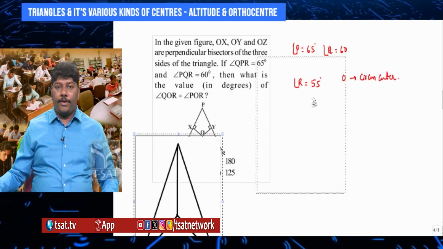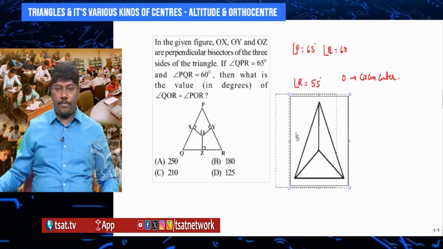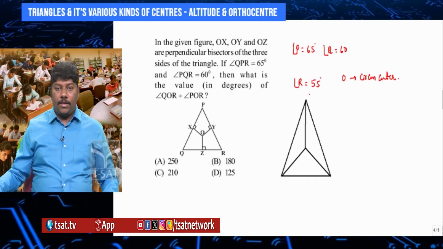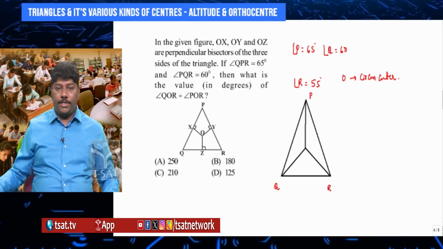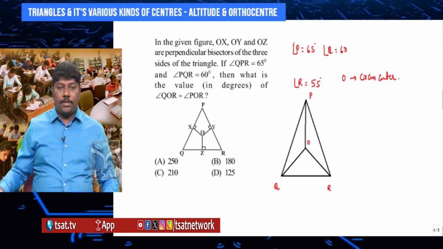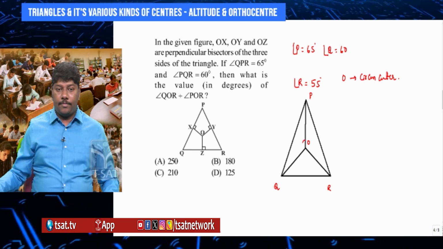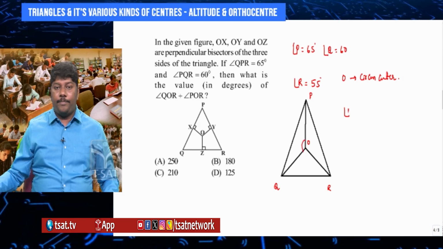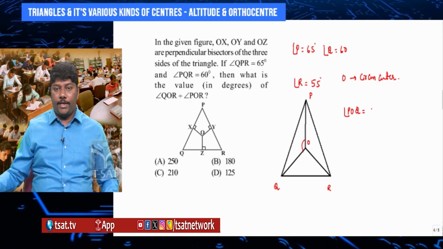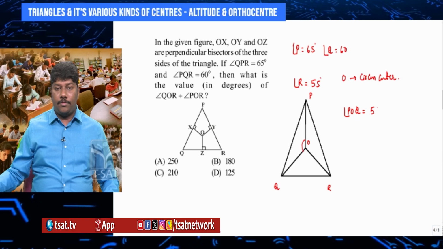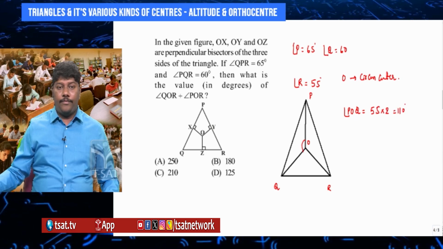I am getting the same figure here, but with different names. Let it be P, Q, R, with O as the circumcenter. Slightly different: here R is 55, which means angle POQ is equal to twice 55, that is 110.